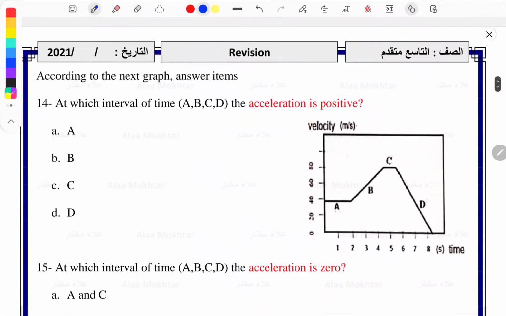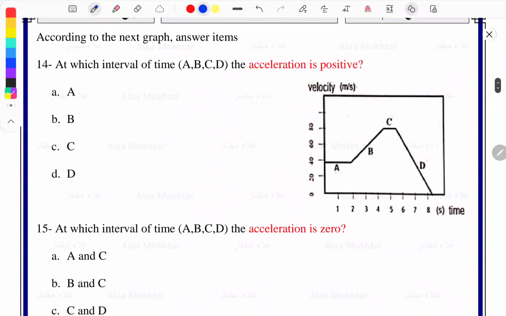The next question. According to the next graph, answer the items. Number 14. At which interval of time, A, B, C or D, is the acceleration positive? This is a velocity time graph. We write little v for velocity, t for time, VT graph. The slope equals what?